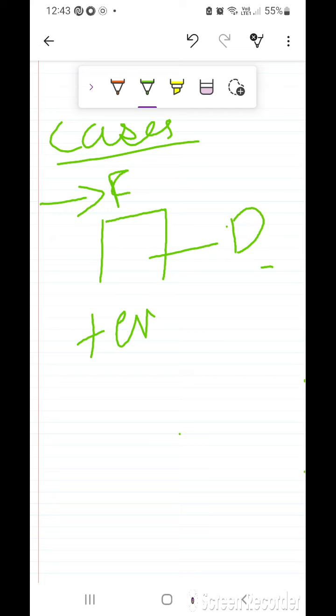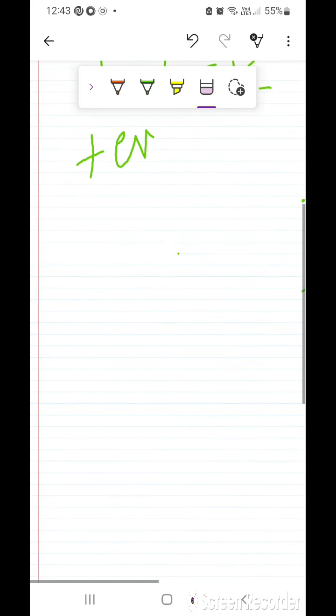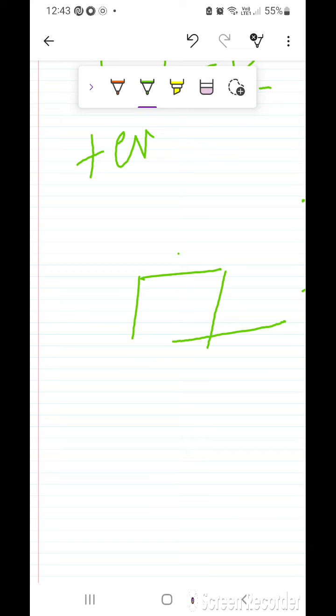Next case. The next case here is of negative. How can a work done be negative? The object is here and the displacement is here. Which force acts against the motion? It's the frictional force. It is here. So here is the frictional force. Here is the displacement.